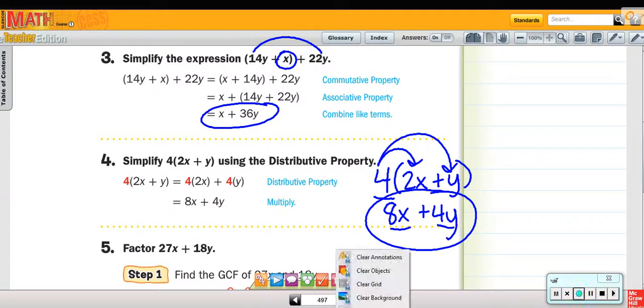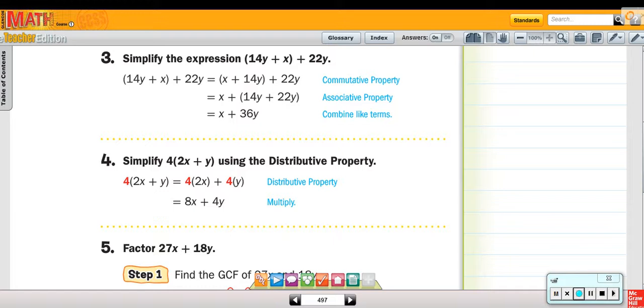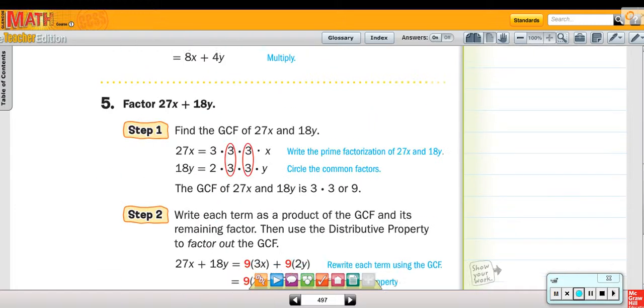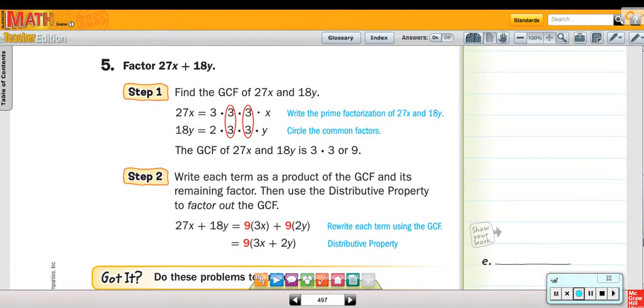Look at the vocabulary in example 5. This should look familiar. It says to factor. That means to undo. Pencils in hand, off to the side. Do this with me. Recopy 27x plus 18y. What is the greatest common factor of 27x and 18y?